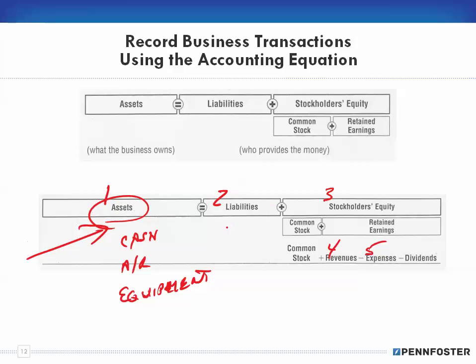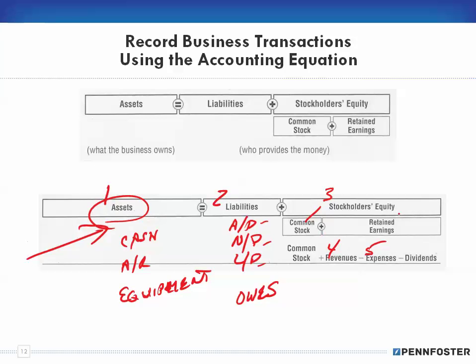Our liability accounts would be like accounts payable, notes payable, loans payable, mortgages, payroll payable. Generally, they have the word payable after them because that's what the business owes, O-W-E-S. Our equity accounts would be our stock accounts, whether it's common stock or preferred stock.